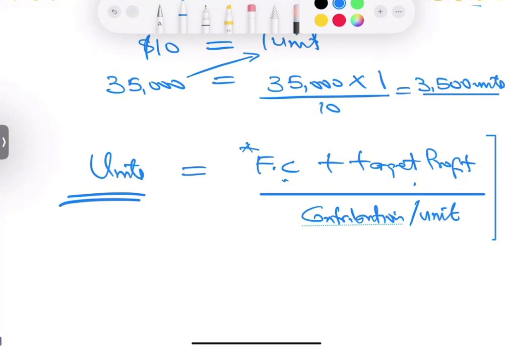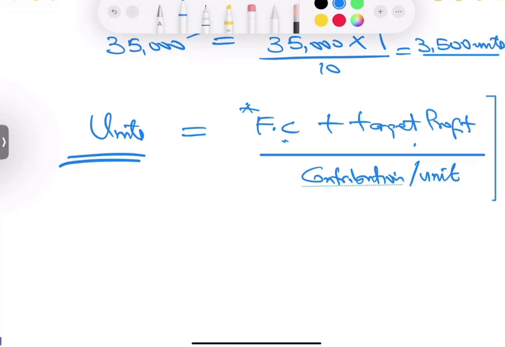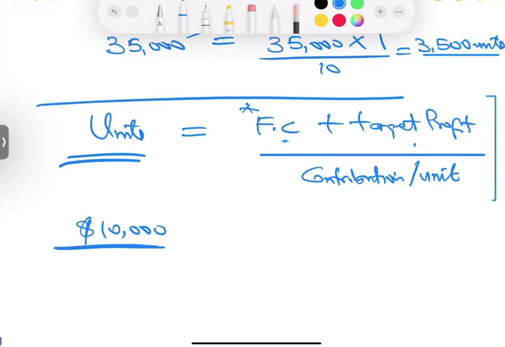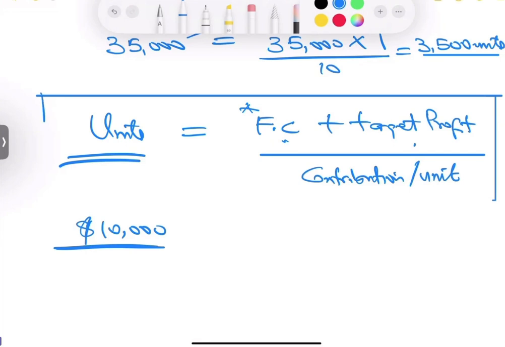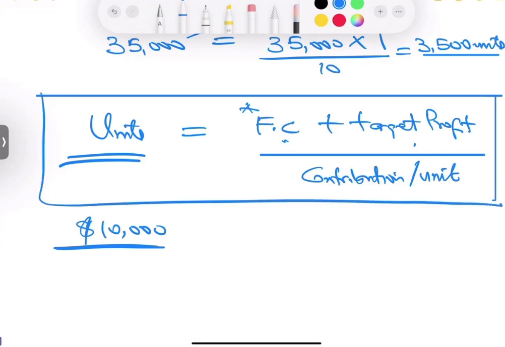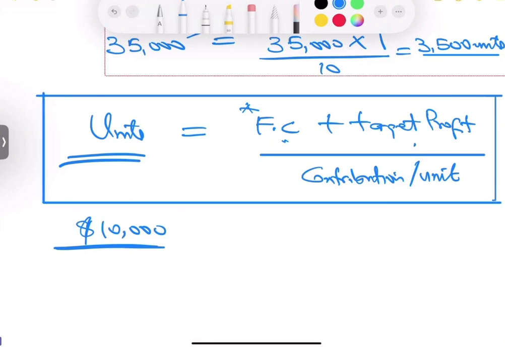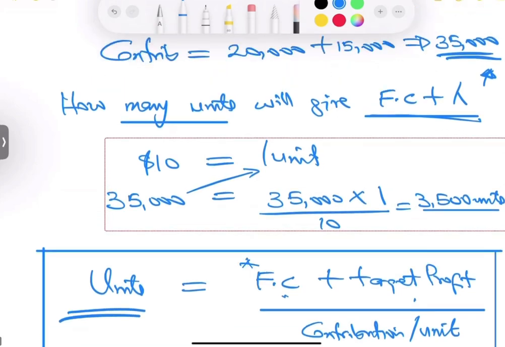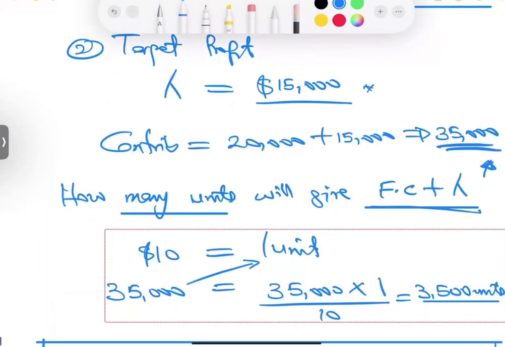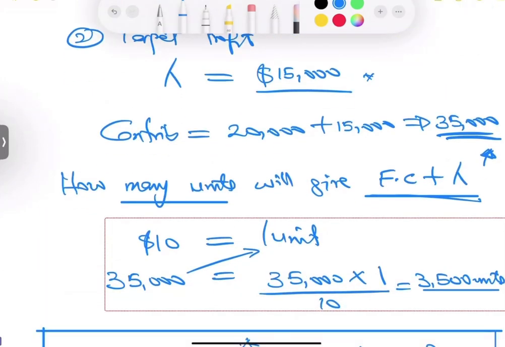Right. So quick one, tell me, if I'm interested in 10,000 profits, how many units do you have to sell? I don't want you to use formula, please. Stay away from the formula as much as possible, except you really struggle. Because I need you to understand this concept of comparing units with the ratio and working it the way we've been doing it.